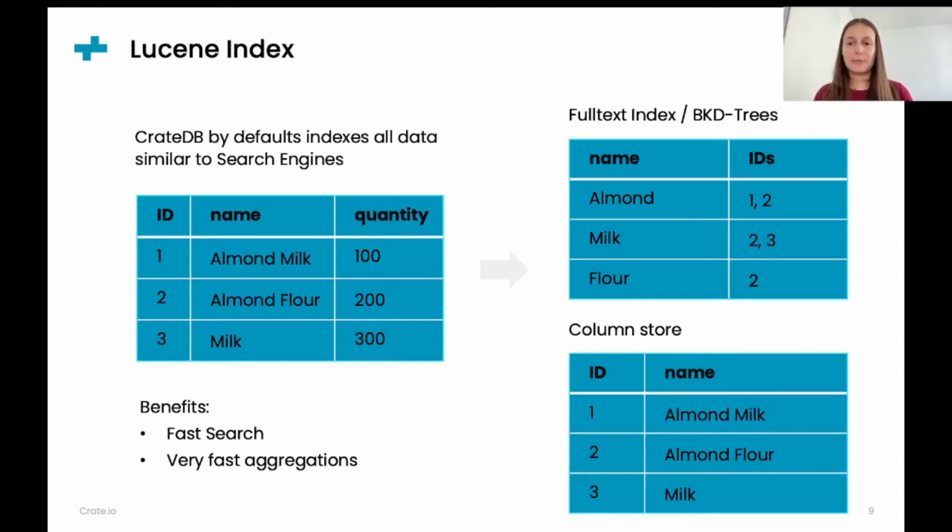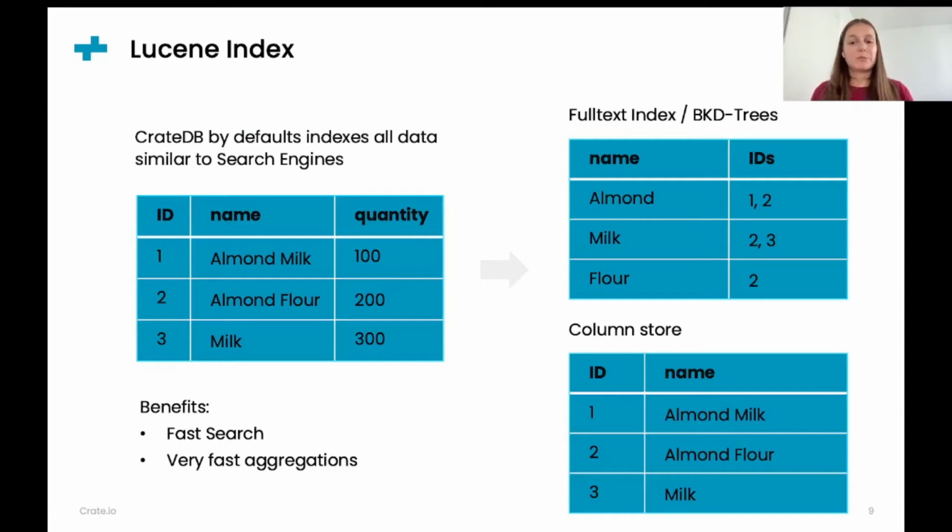So in this example, we can see how CrateDB creates full text indexes. It creates full text indexes for 3 terms: almond, milk, and flour, by mapping the term to the document or row ID containing this term.